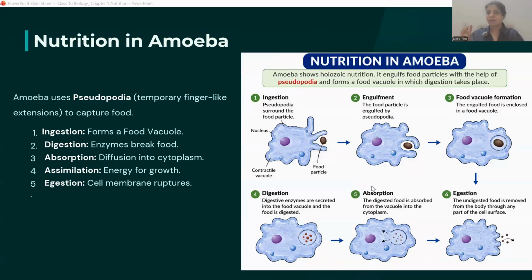It occurs in humans also, but with the help of a complete digestive system. Let's study that. In amoeba, a single cell performs all the activities.